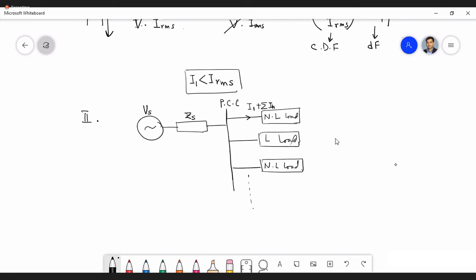I am taking only one; there may be several nonlinear loads, but I am considering only one load. Not only that, for the sake of understanding, I am considering only one harmonic, that is the third harmonic, to understand the thing in a simpler way. And this particular impedance I am taking as only resistive.